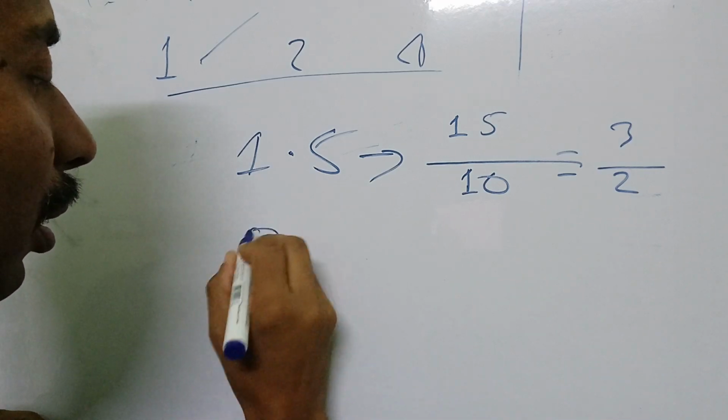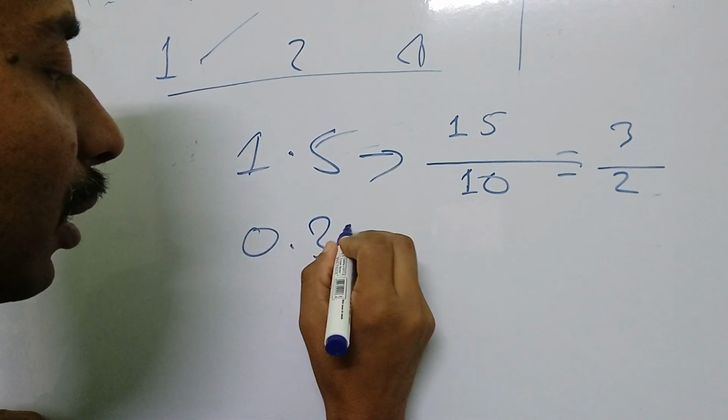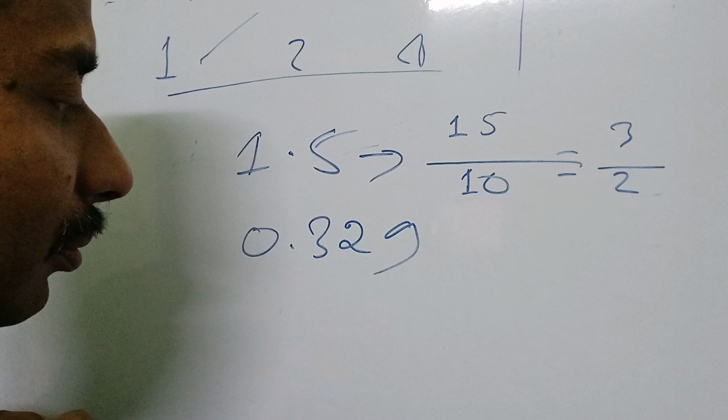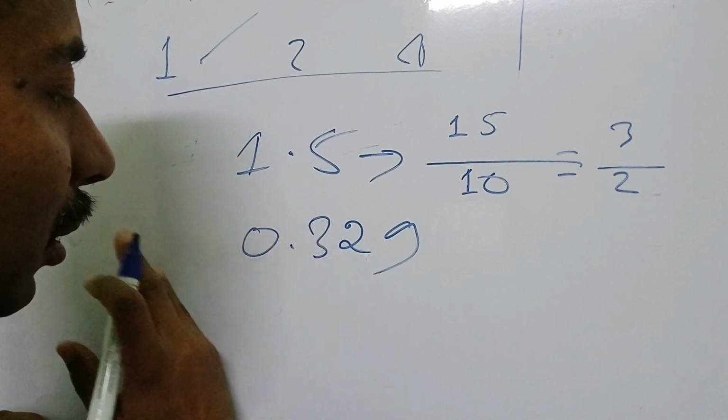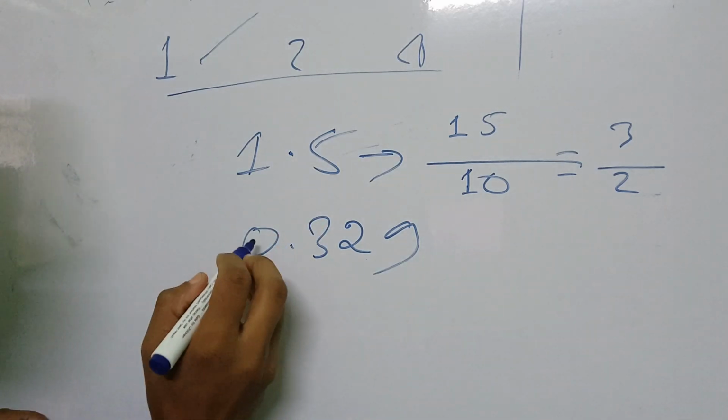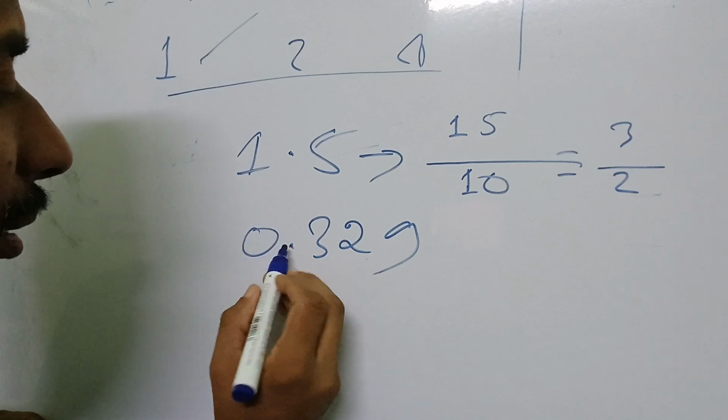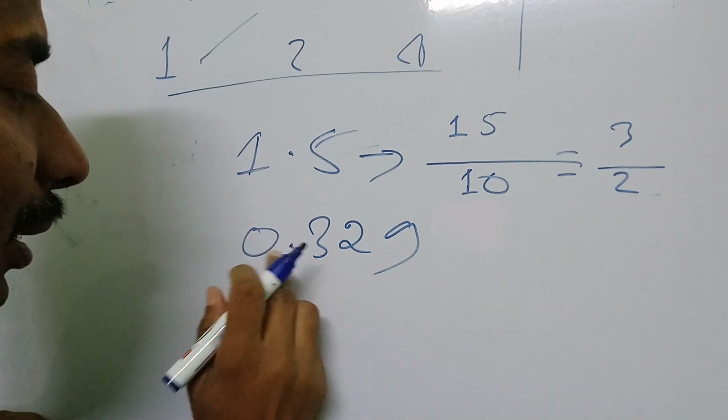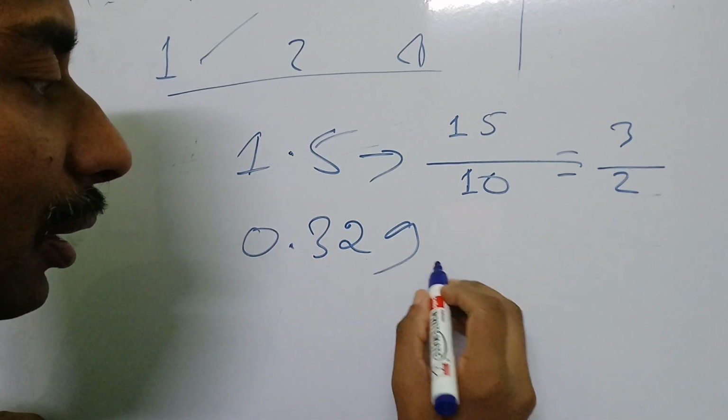Again, 0.329. There is no number on the left hand side of the decimal point, so no need.